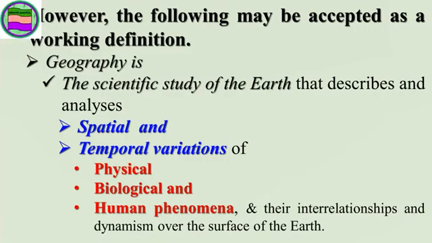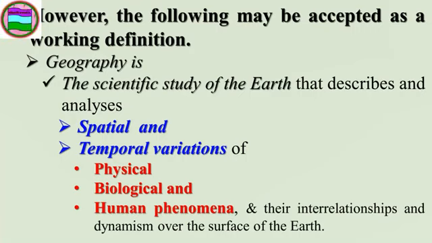These three variables, physical, biological, and human phenomena, vary from place to place and from time to time, which means spatio-temporal variations exist. Geography is also the study of the Earth's surface and the processes that shape it, from its physical features to its human landscapes. So we can summarize that geography can be defined in this way.